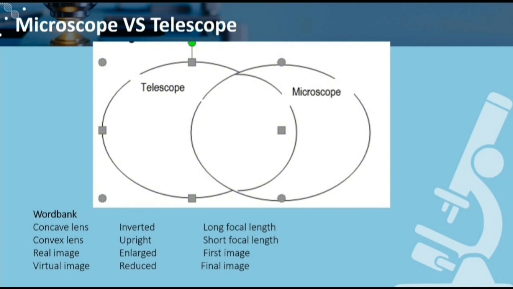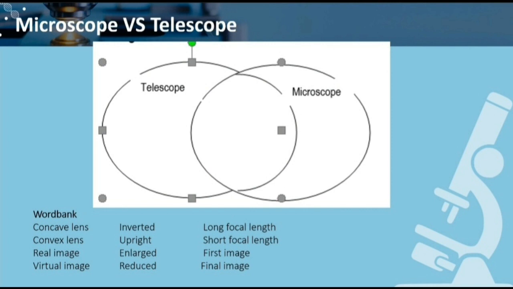Both telescope and microscope have a first image and a final image, but they differ in focal length. The microscope uses short focal lengths, however, the telescope uses a long focal length and a short focal length.